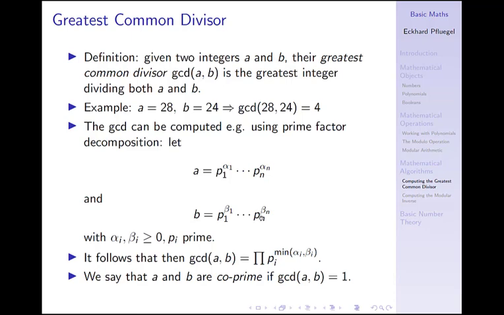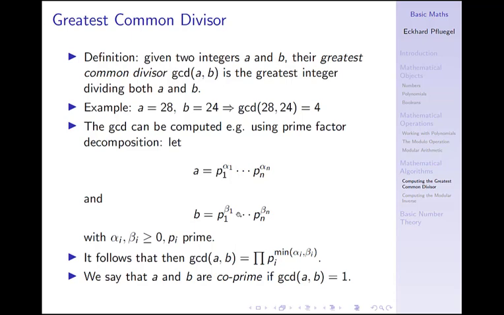So it could be that some of those exponents are actually 0, if by chance a number p index i that's in that decomposition doesn't actually occur in the other decomposition. Then you just say beta index i equals 0. So basically try to figure out the exponents alpha i and beta i.